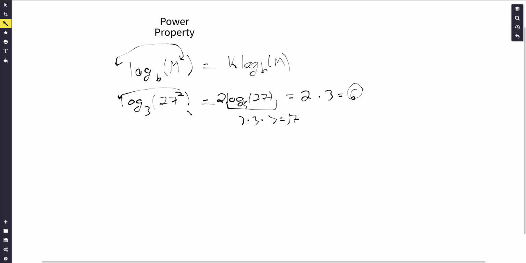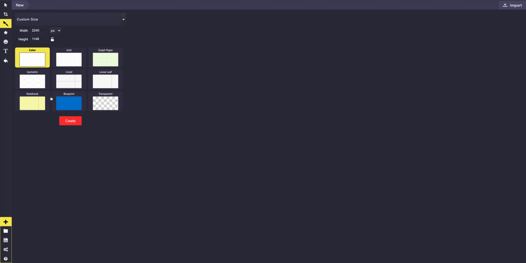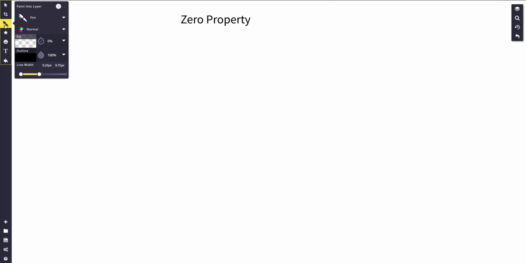Okay, we have 2 more log properties, and then I'm gonna do some really quick practice with you guys. So our next log property is the 0 property. These next two, this one and the last one, are, I feel like, the easier ones. You guys kind of saw it already in the past ones we've done. So what this one says is log base b of 1 is equal to 0.